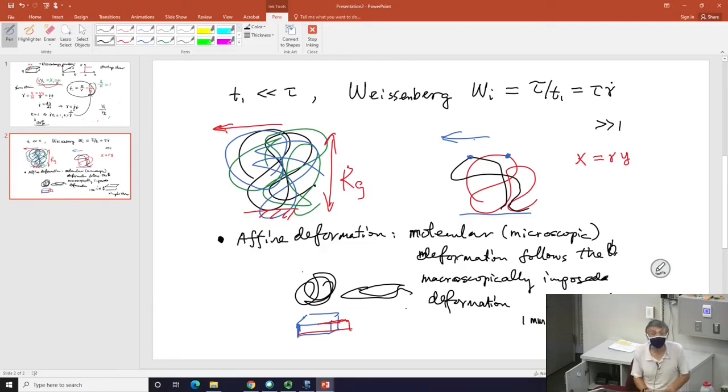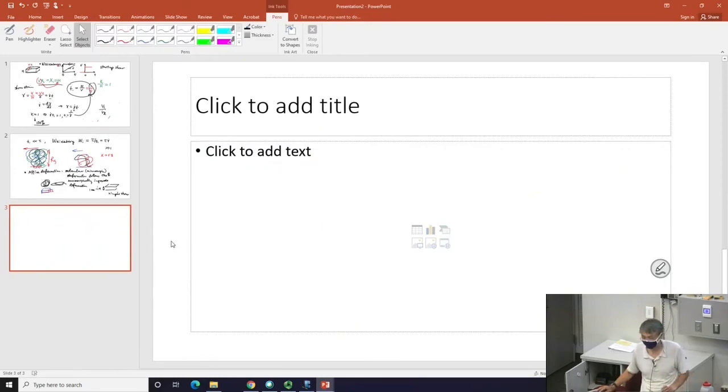The question you need to ask is why the molecule can do that, or what even allowed you to have this notion that affine deformation occurs.